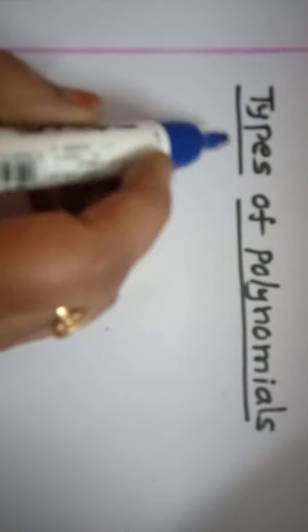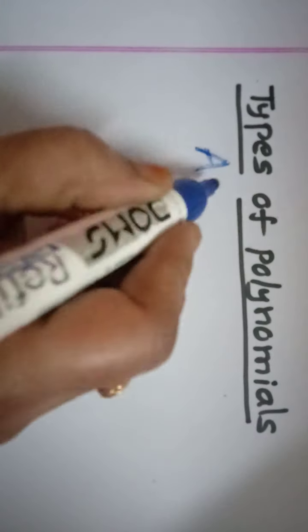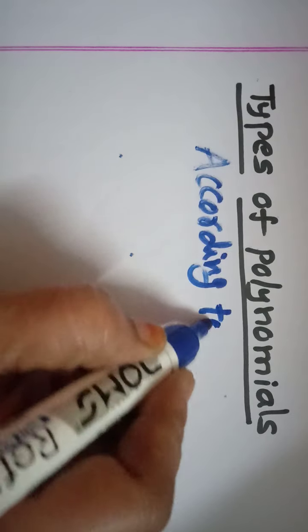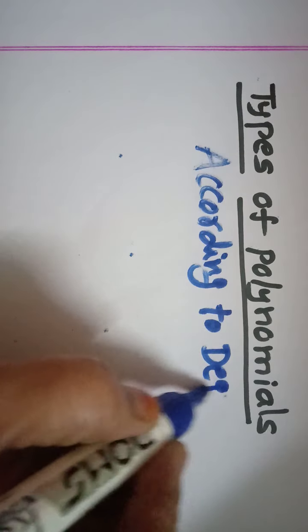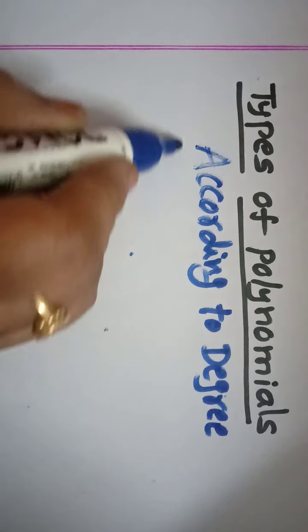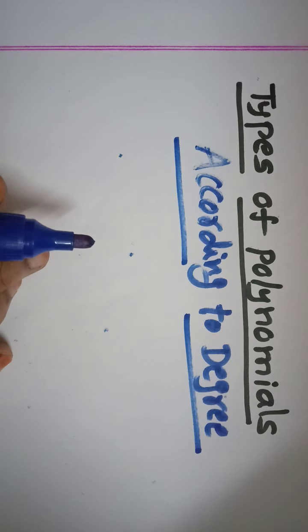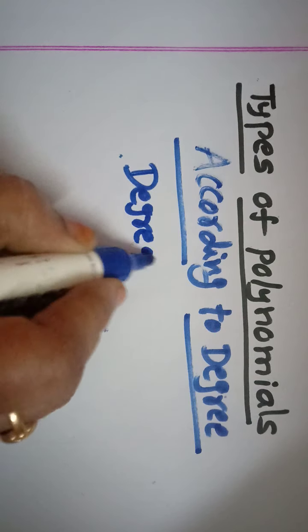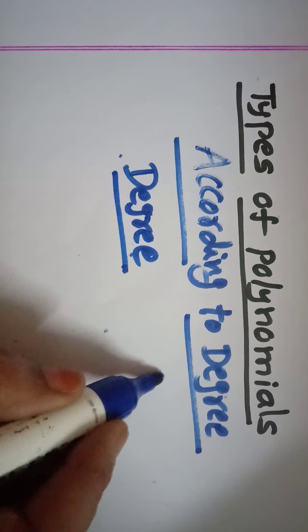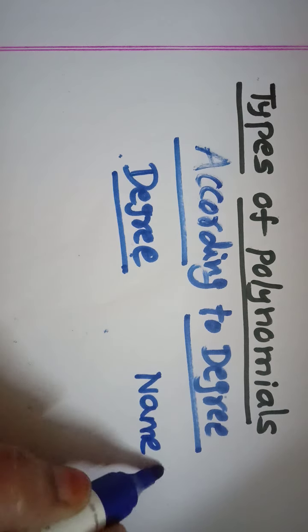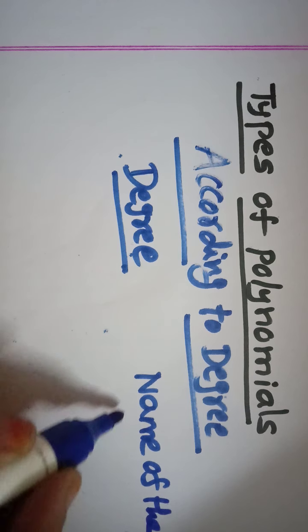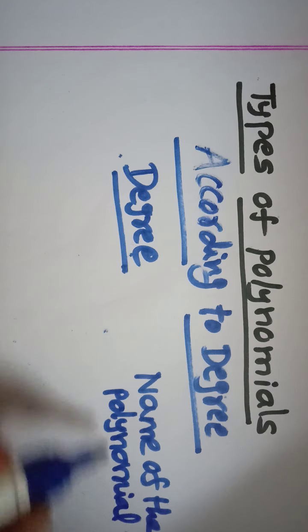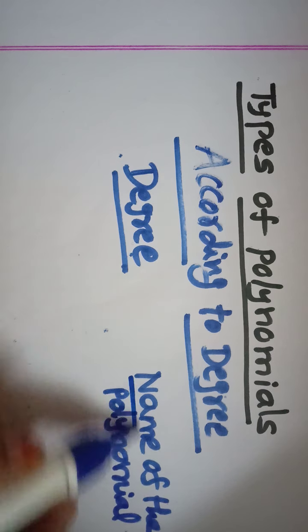According to degree, how many types of polynomials are there? First one: degree and name of the polynomial.